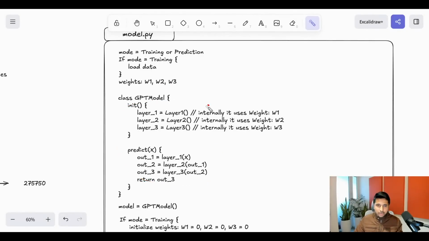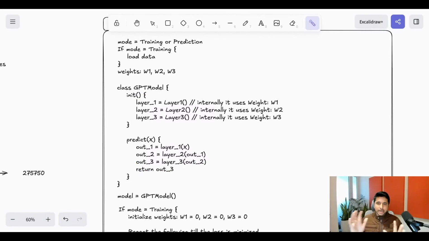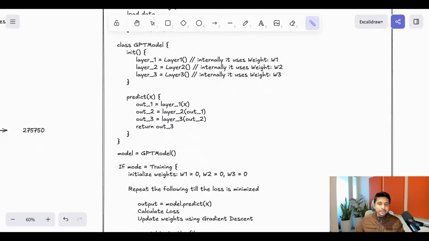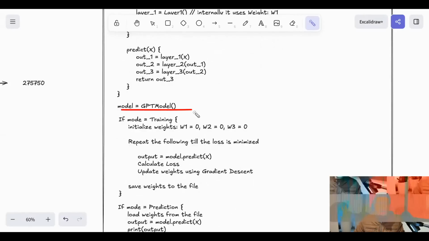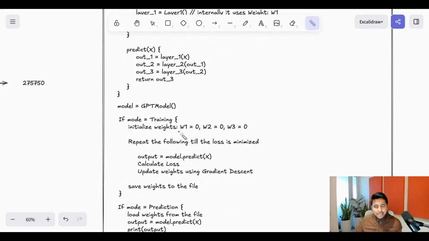It is not important to understand what is written here. Just for understanding purposes, I have written it so that you understand that there will be weights in the architecture written in model.py. Then we will load the model, initialize the weights with 0, 0, 0, and feed the data into the model somehow, right? And then the weights will come from the training process: some value of w1, some value of w2, and some value of w3.